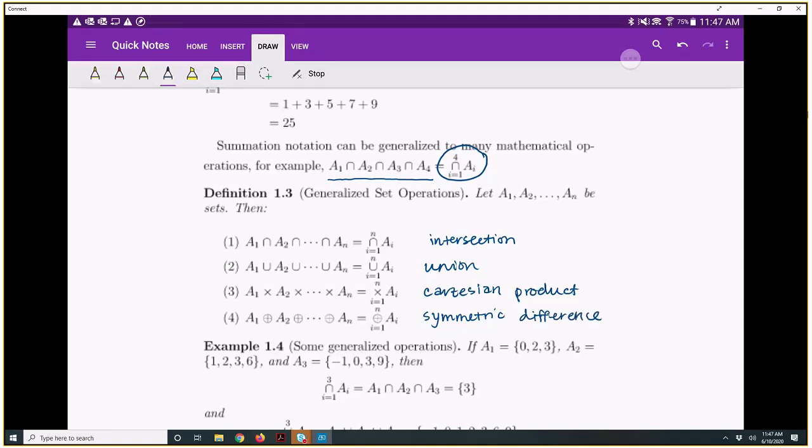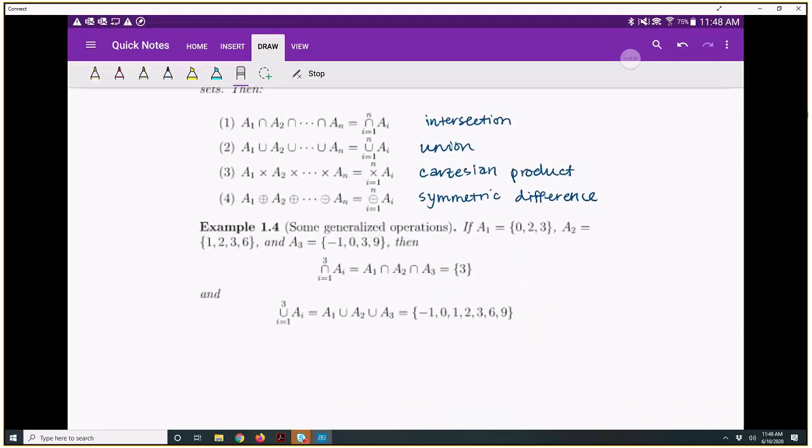If you compare the left-hand side with the right-hand side, you can see that this notation is much more compact and convenient to write, especially if you had many sets, like more than 4 or 5, say you had 10 or 20 or 100, it's going to be much more convenient to just use this notation.